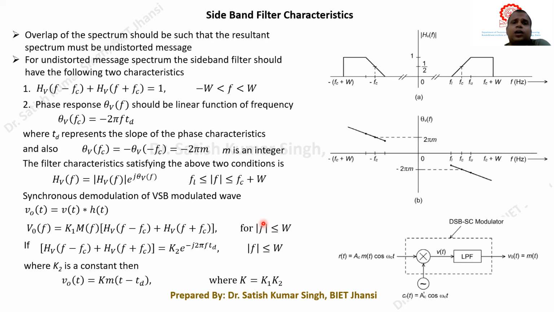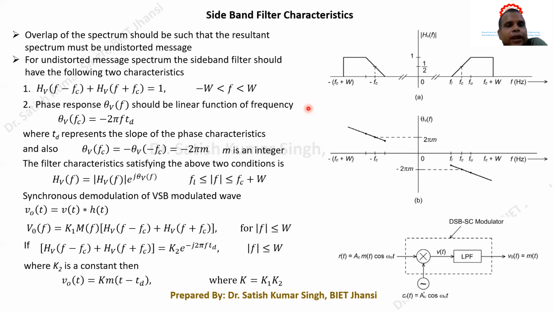That is actually done by having particular characteristics of the sideband filter. As I said, we first generate a DSBSC signal, and then it has to be passed through a particular sideband filter.